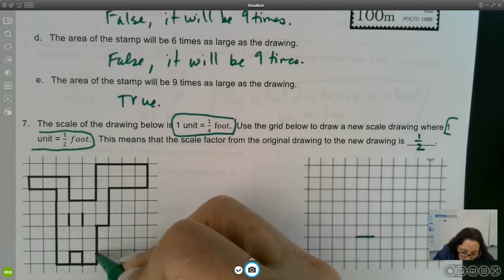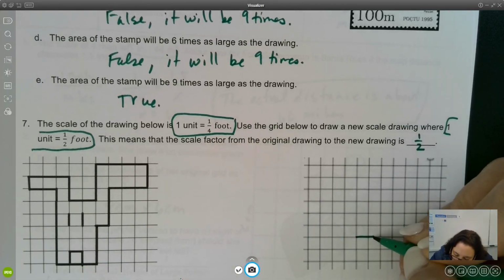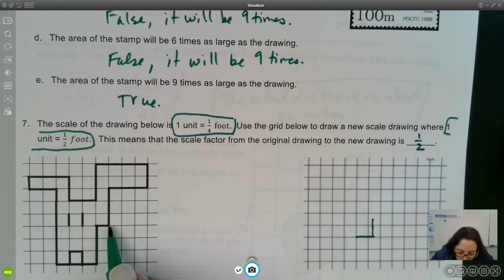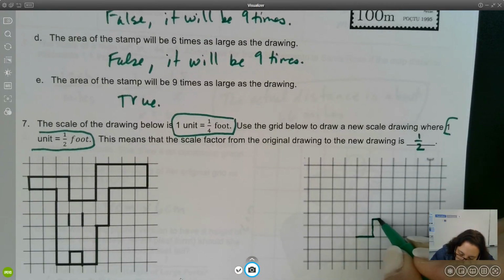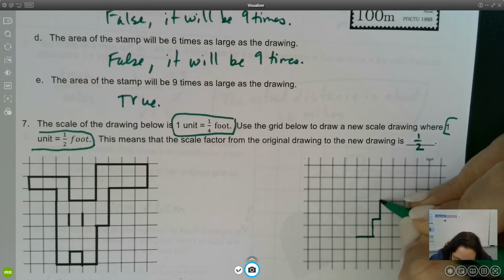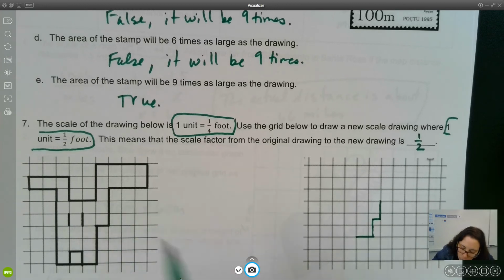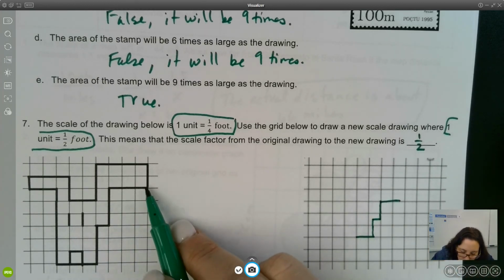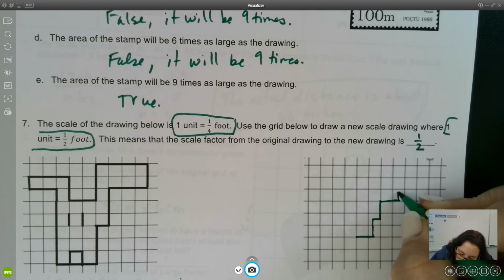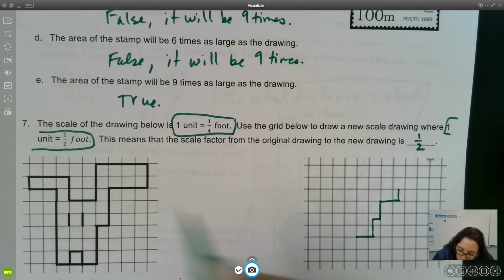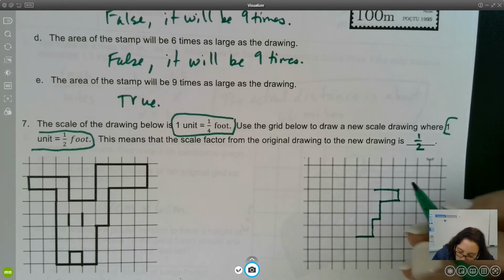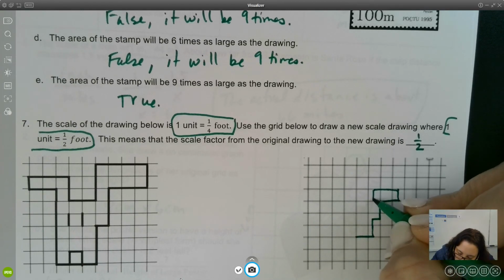This guy here would be 1.5. This right here would be 1/2. This right here would be 1.5. This right here would be 1.5. This right here would be 1. This right here would be 2. This right here would be 1.5.